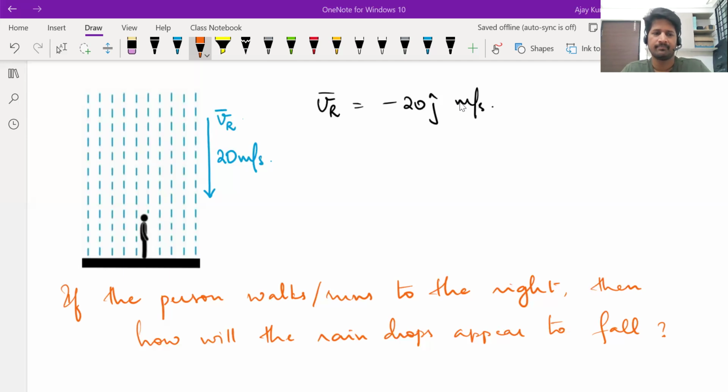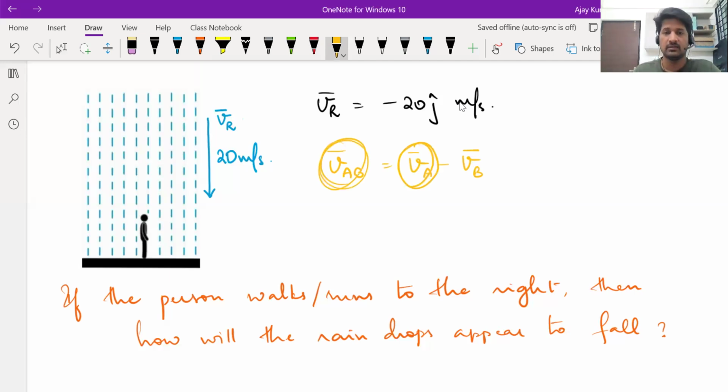Yes, sir. It has to change because generally velocity of A relative to B, whatever A and B are, is velocity of A minus velocity of B. If one of these changes, then this will definitely change. If both VA and VB change, then relative velocity may still be the same.